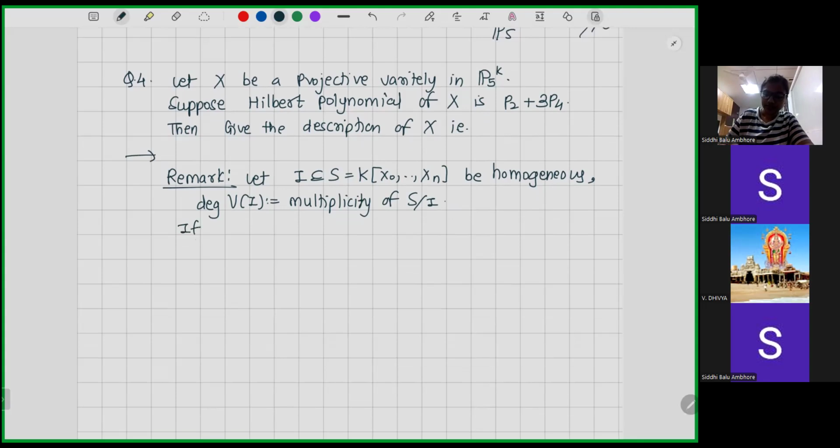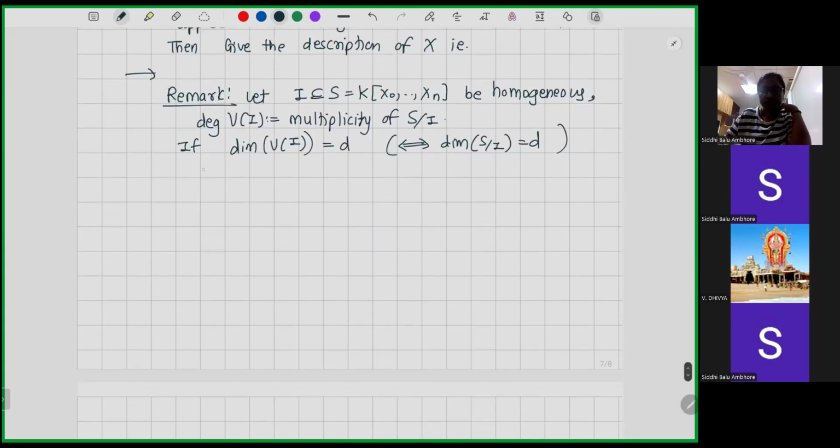And if the dimension of V(I), so V(I) is a set of prime ideals, so the dimension of V(I) means the size of the maximal chain of prime ideals in V(I). Okay, it is d if and only if the dimension of S/I is equal to d. Okay, this is clear. The dimension of V(I) is equal to the dimension of S/I.